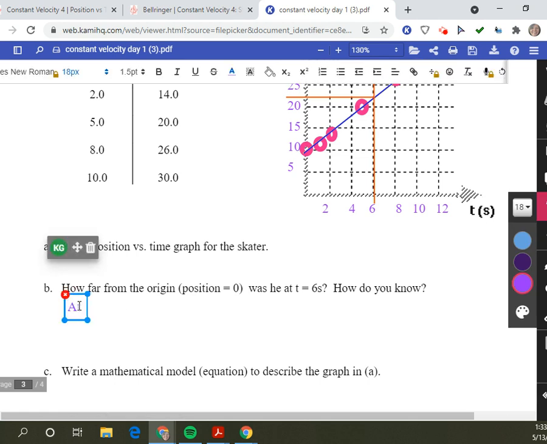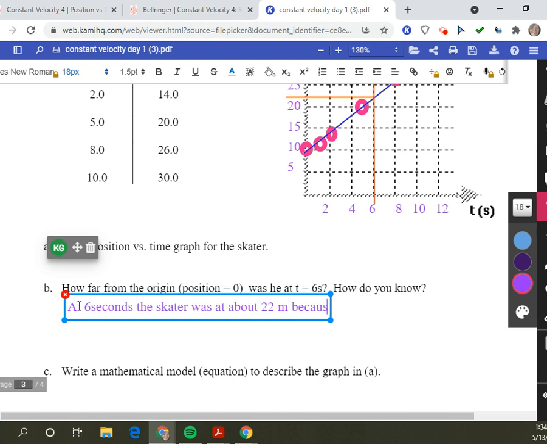So at 6 seconds, the skater was at about 22 meters because the data points make a line.